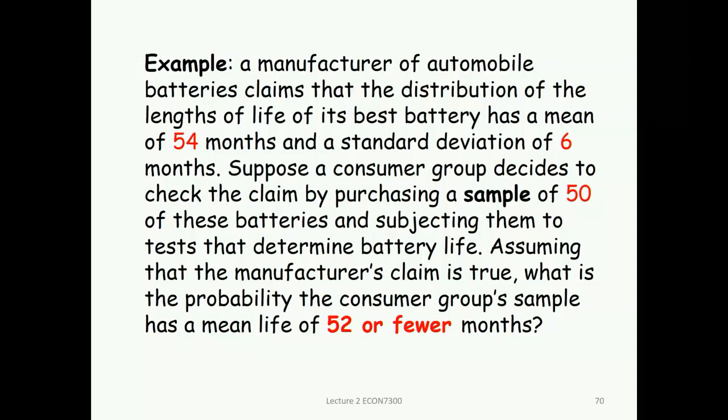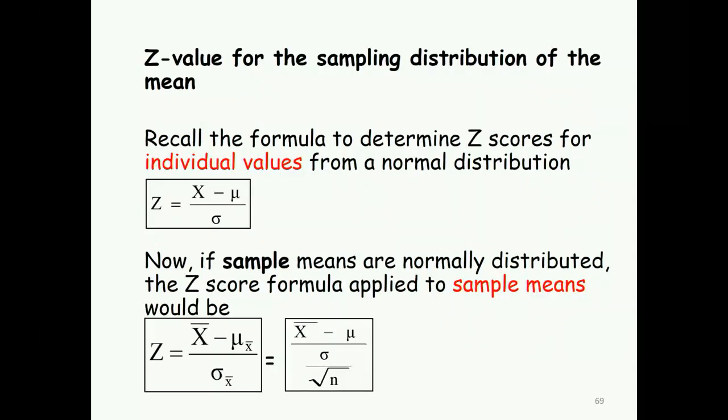Now, a sample of 50 is taken, and you want to calculate the probability of 52 or fewer. So the information given is the population mean, 54, population standard deviation, 6, sample size, 50, and the question, 52 or fewer. If you have this information, we could apply this formula.